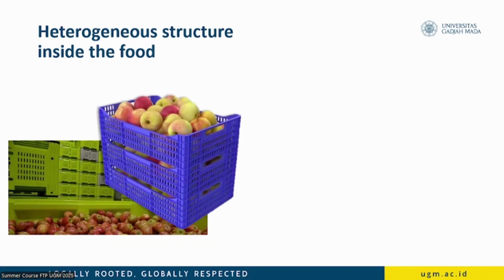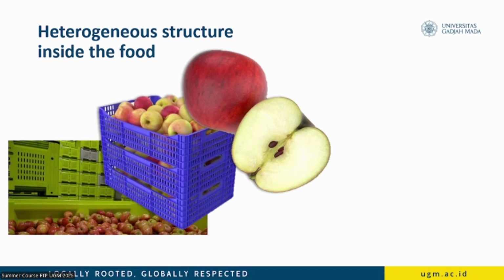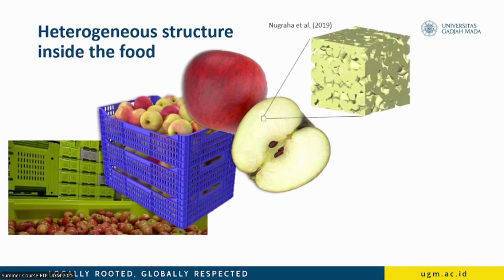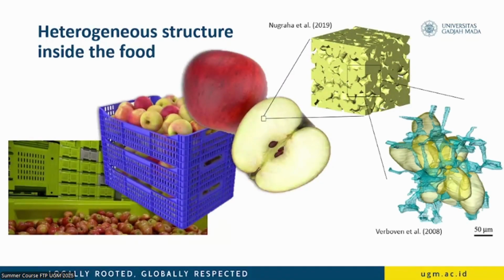And if we zoom in, make it bigger, getting bigger, we are now in the apple tissue. And then this is the cell structure of the apples with some air in between the cells.